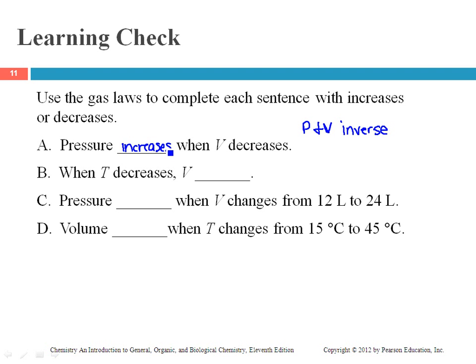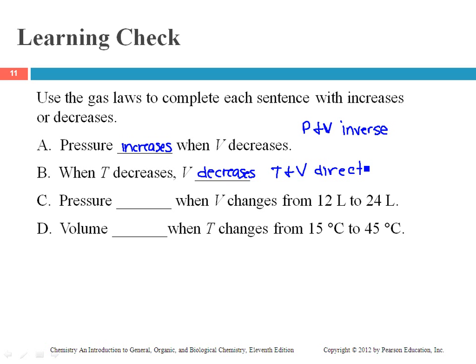So if you decrease the volume, you increase the pressure. B: when temperature decreases, the volume decreases. Temperature and volume, according to Charles's Law, have a direct relationship.